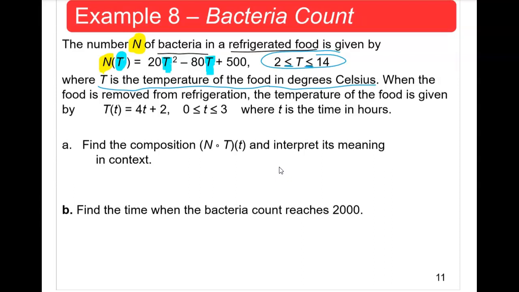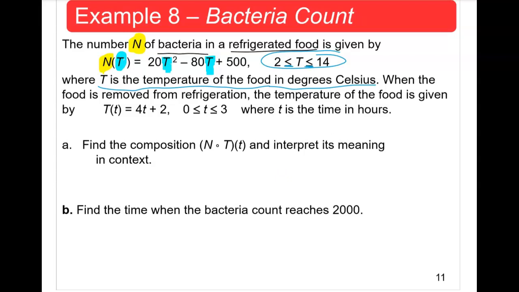So the input for the function N is capital T, the temperature of the food in degrees Celsius. Then if we continue reading, it says that when the food is removed from refrigeration, the temperature of the food is given by the equation.